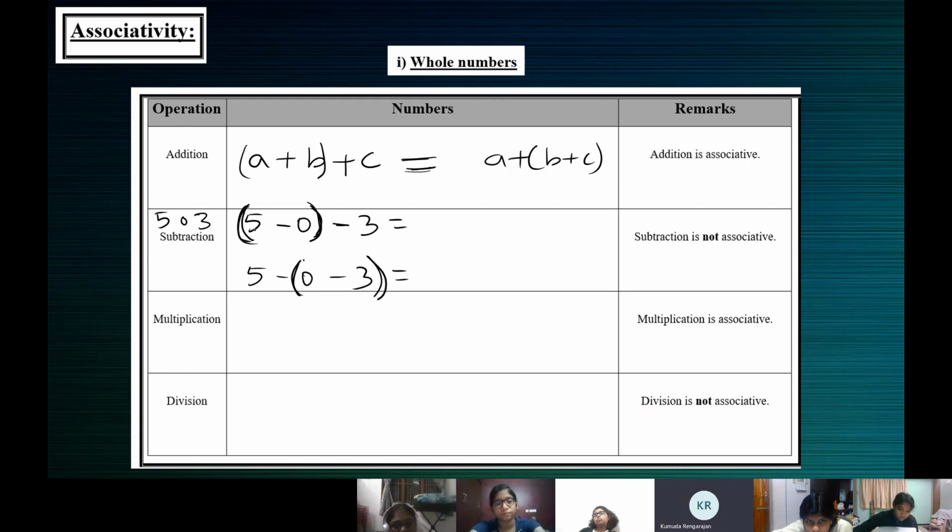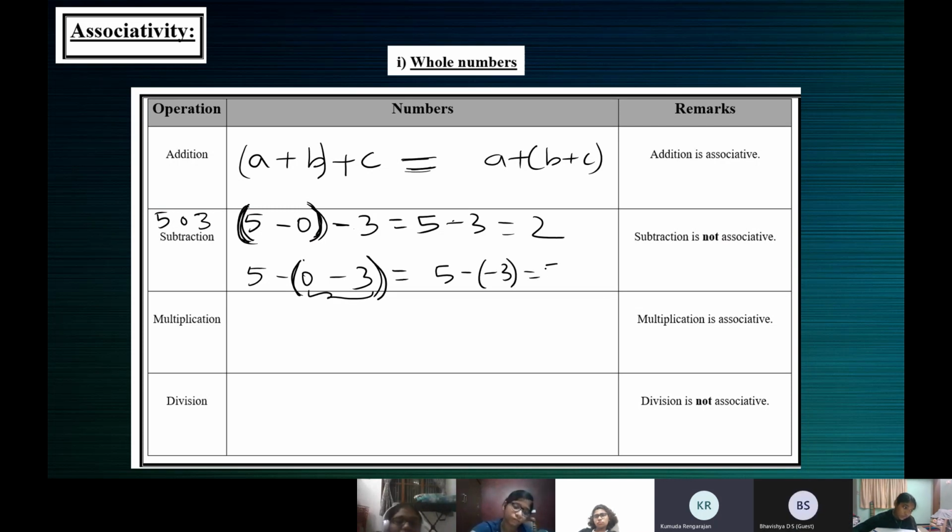So here, we have to first work the bracket. 5 minus 0 is 5, minus 3, which is 2. Here, for the bracket, 0 minus 3 is minus 3. Here I've written this 5 as it is.